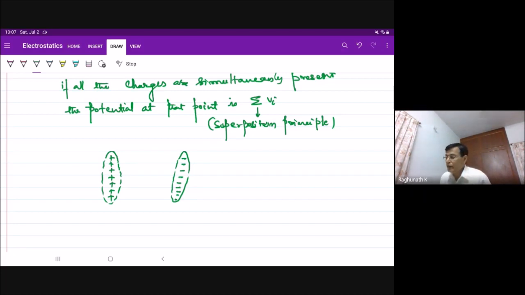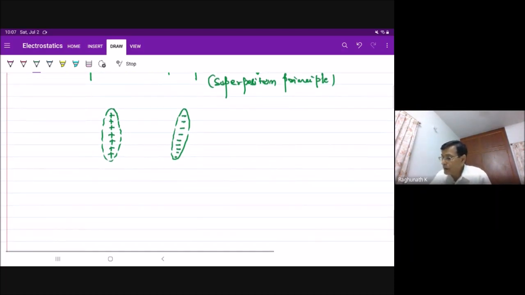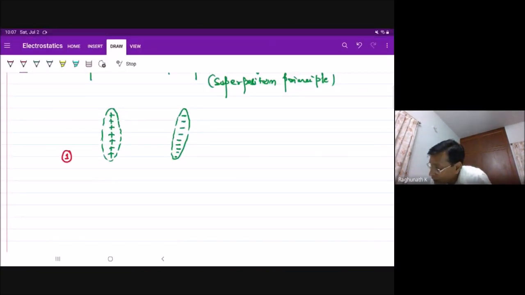One case is what? Electrons removed, first case. Case 1 is electrons removed are given to earth by the agent. We can always do that.